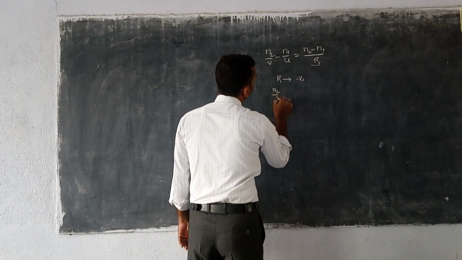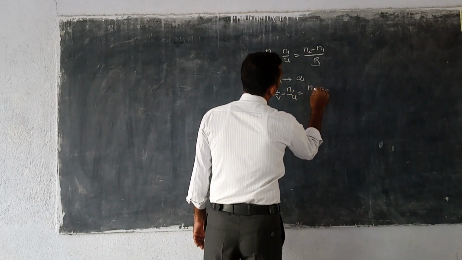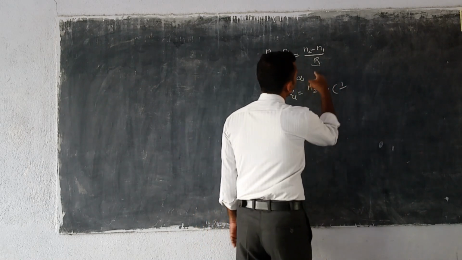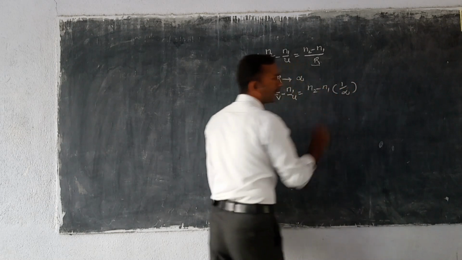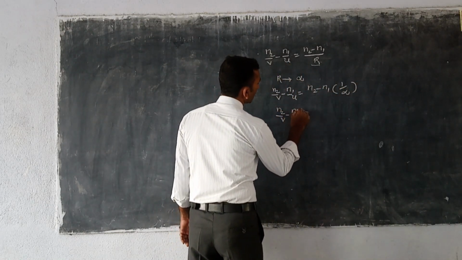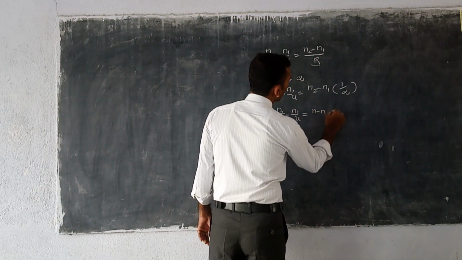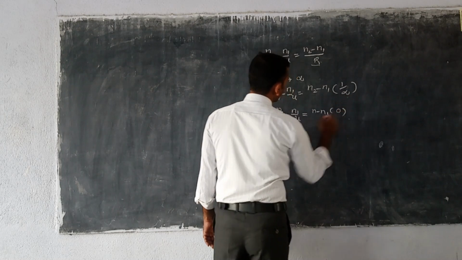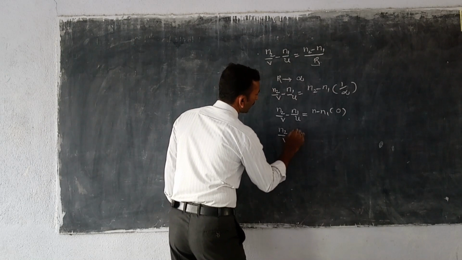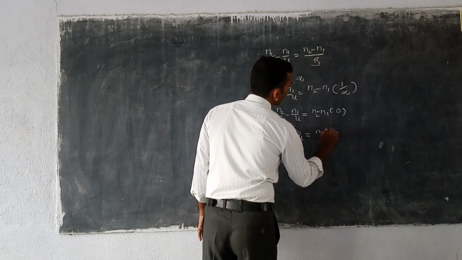N2 by V minus N1 by U equals (N2 minus N1) into 1 by R. R means infinity, and 1 by infinity means 0. So N2 by V minus N1 by U equals (N2 minus N1) times 0.